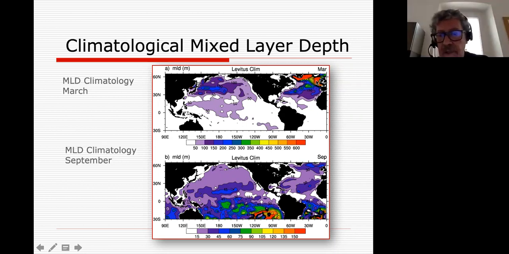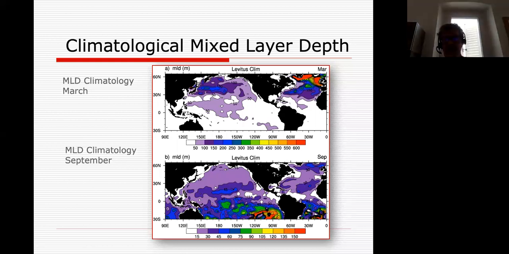These areas are so deep because there are areas, especially here and here, the Labrador Sea, the Irminger Basin, where dense water formation occurs.